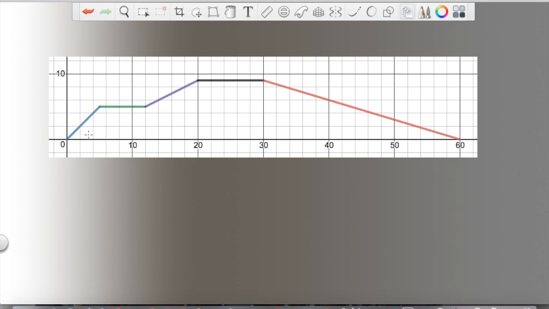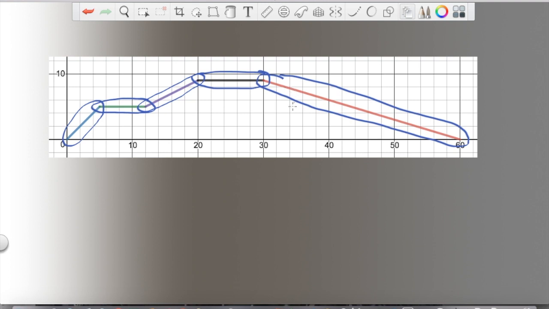So let's identify these pieces first. Our first piece is this blue one right here. Our second one is this horizontal line right there. The next one is this purple piece. We've got another horizontal line connected to that, and then our last piece is this long red one. Hopefully it's easy to identify those pieces, guys.